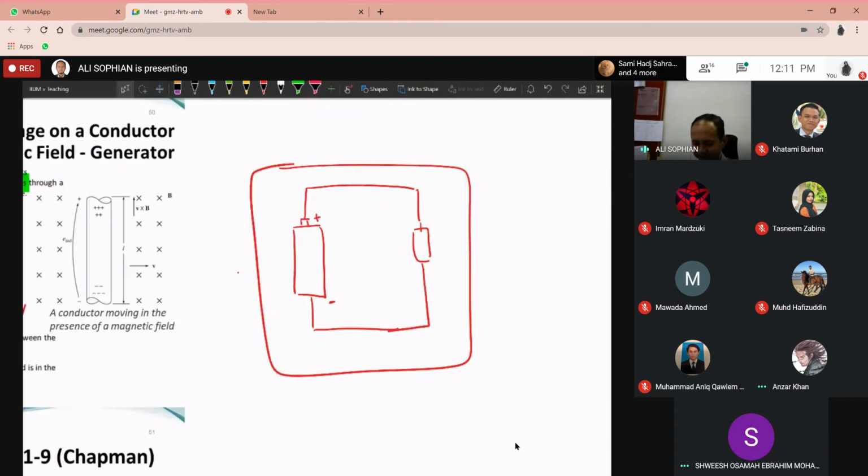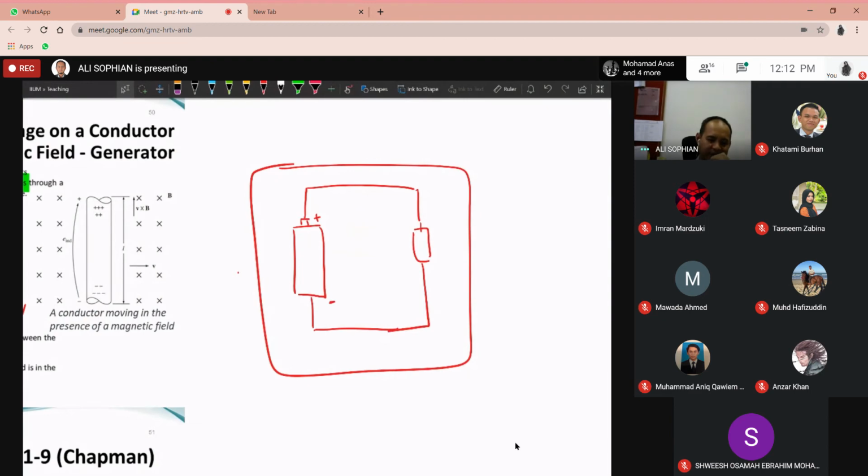Clockwise. Why clockwise? Positive to negative. The current always flows from high potential to low. Your voice is very, very low. Because the current always flows from the high potential to low potential, so from positive to negative. Okay, thank you. So by convention, it goes from the high potential, or the positive, to the negative.